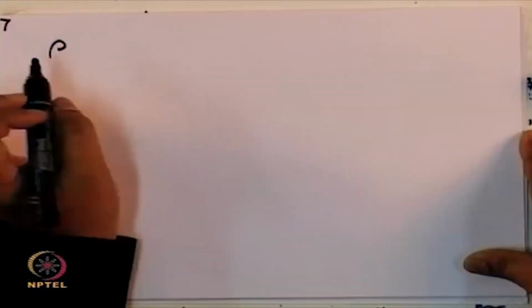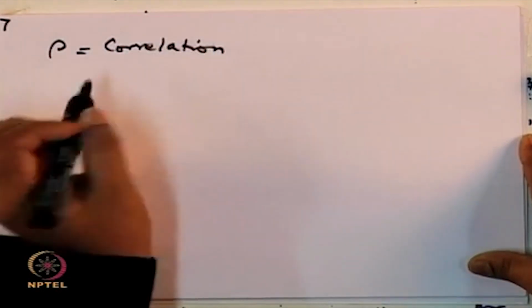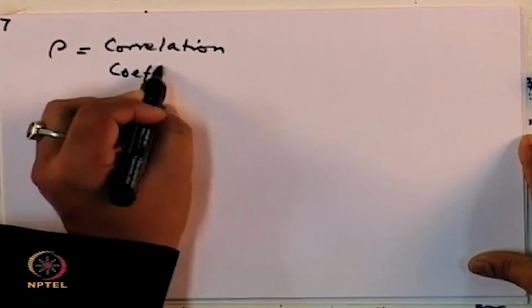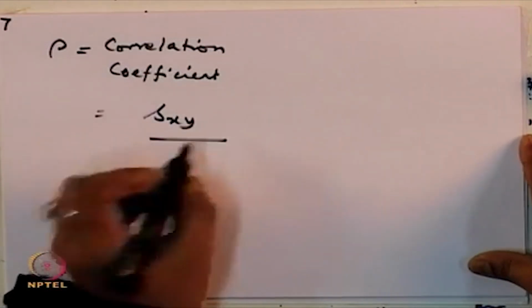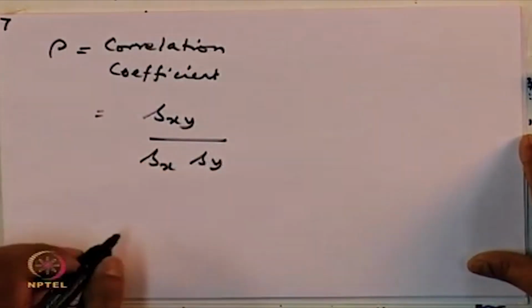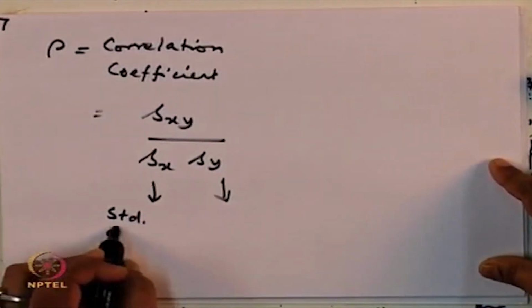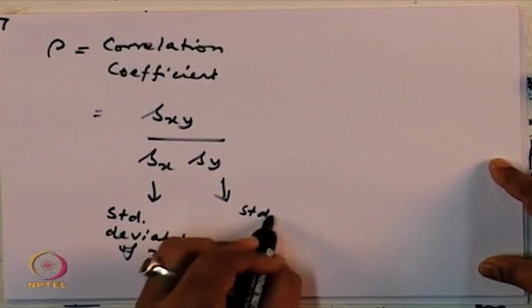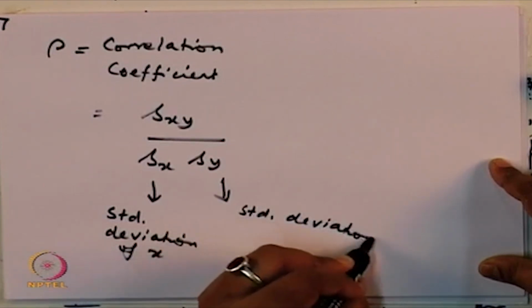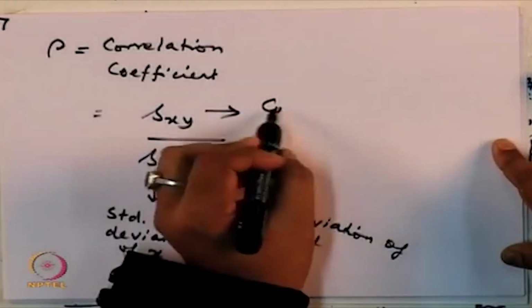Now how do you define the correlation coefficient mathematically? The mathematical definition of the correlation coefficient is typically represented by rho. The correlation coefficient is defined by Sxy divided by Sx into Sy, where Sx is the standard deviation of x, Sy is the standard deviation of y, and Sxy is called the covariance of x and y.